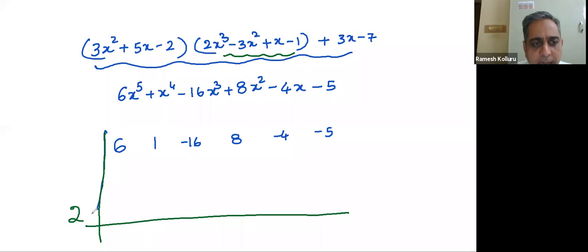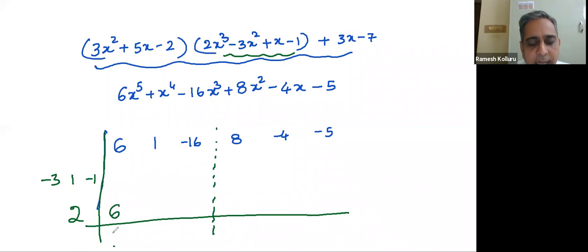So 2 will be there, minus 3 plus 1 minus 1. So here my 3 digits are there, so 3 parts are gone. So this is my quotient part, and this is my remainder part.